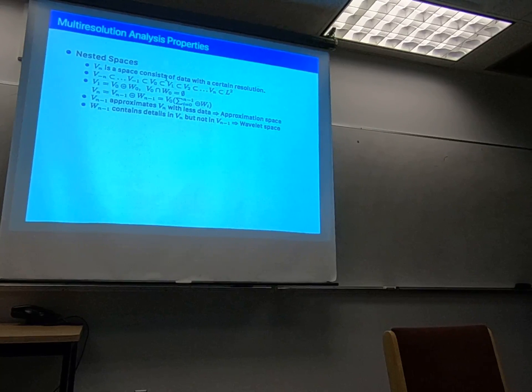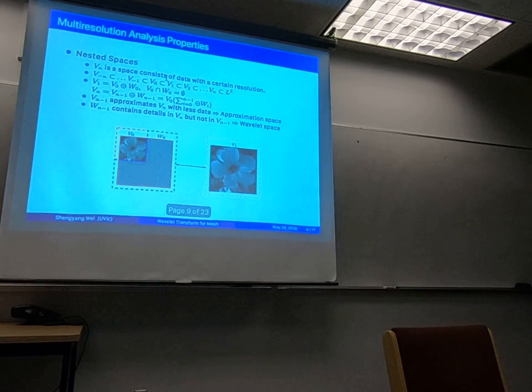And the space Wn-1 is called the wavelet space, which has the details in space Vn but not in Vn-1. Okay, don't be scared by that. I will show you an example.